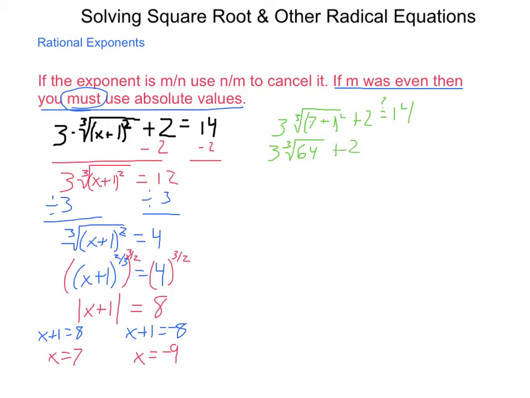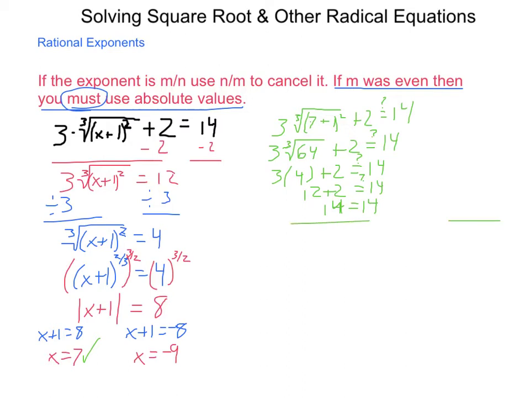Plus 2, is that equal to 14? I get 3 times 4 plus 2. You know, is that 14? 3 times 4 is 12. Is that equal to 14? And I have 14 equals 14.